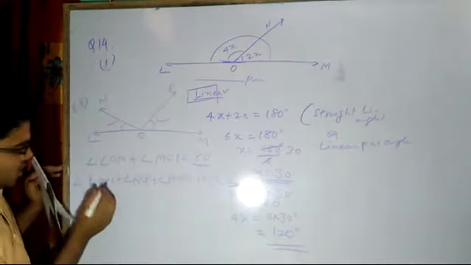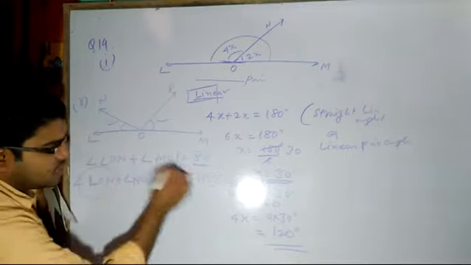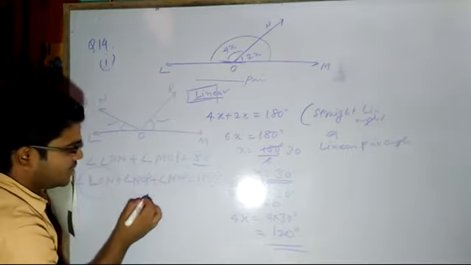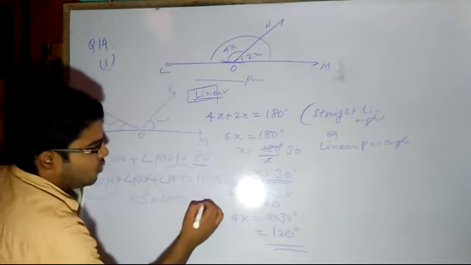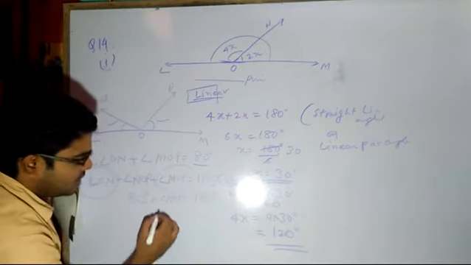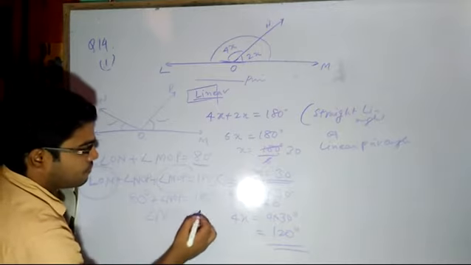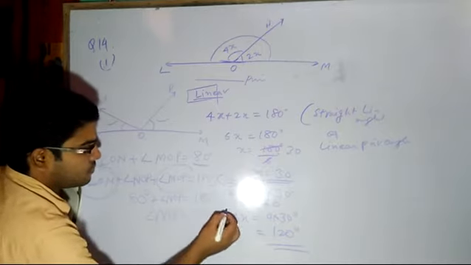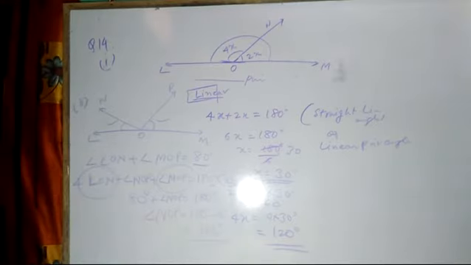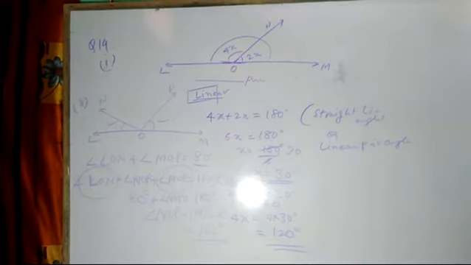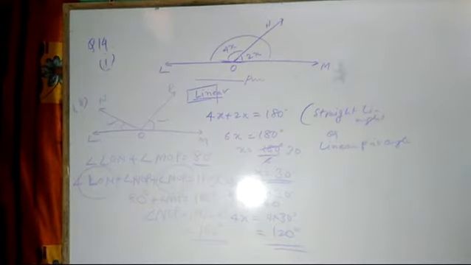Now this angle plus this angle is given as 80 degrees, so I can write 80 degrees plus angle NOP is equal to 180 degrees. In this way you will find the value of angle NOP. I hope it is clear. You won't have any problem calculating the value of NOP.